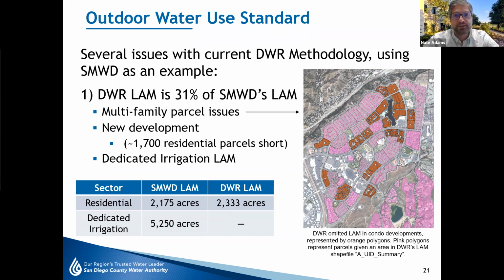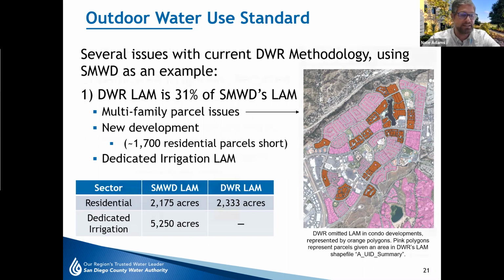I know that we have nearly 2,000 single family residential parcels, along with additional landscaped area on the CII side since 2017, that's not included. And then the huge one, dedicated irrigation, right? I know there's going to be a continued dialogue on that, but if you go ahead and hit the next slide, please.